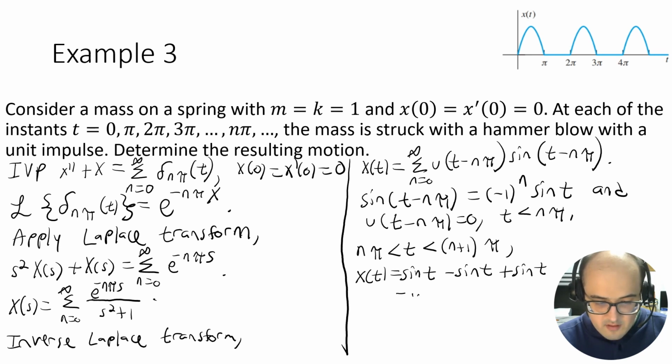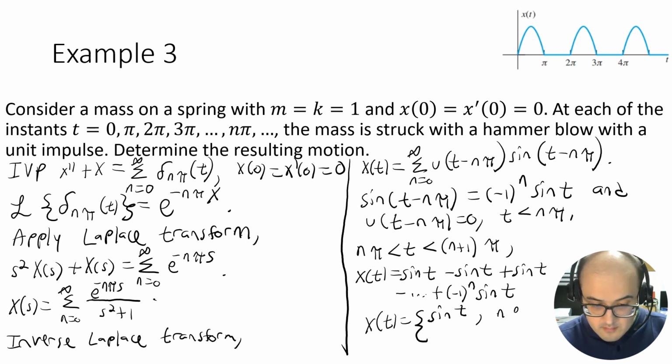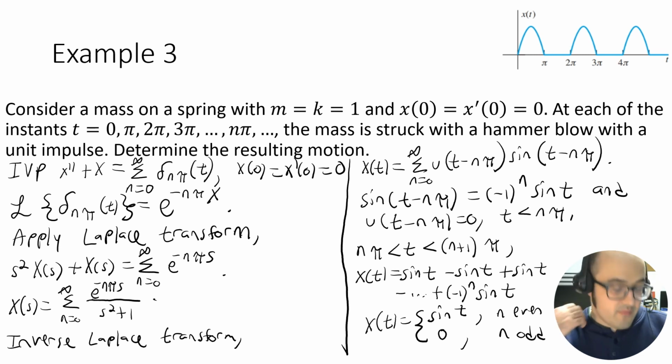And this keeps going, alternating the sine, all the way up to negative 1 to the nth power times the sine of t. So, because of this, x of t is equal to the sine of t when n is even, or 0 when n is odd, which would then produce that graph I have here in the upper right hand corner.